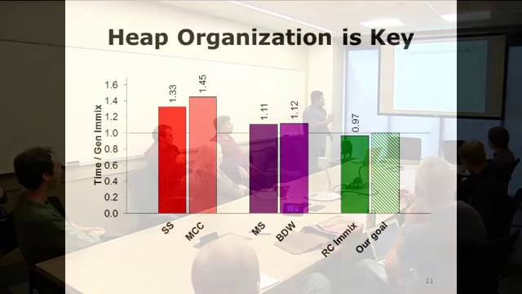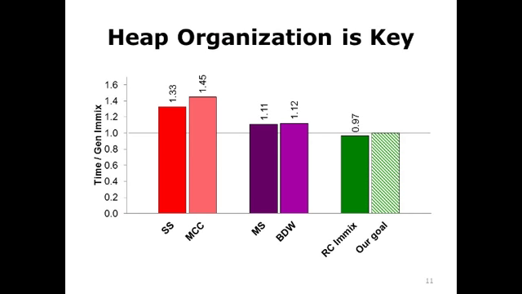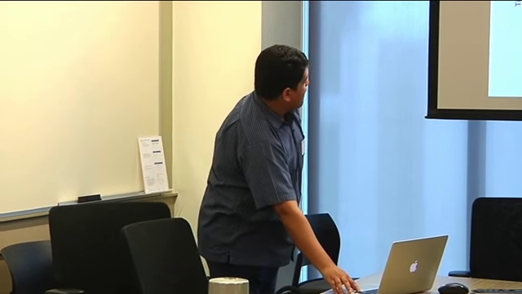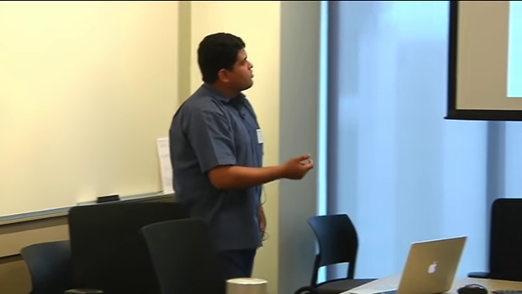So what we find out, the real reason behind this is not those two, excess retention or the number of pinned objects, but the real reason behind the performance is heap organization. So here we will look at those collectors again, but now we will look at their exact counterparts. Now we have semi-space and mostly copying.